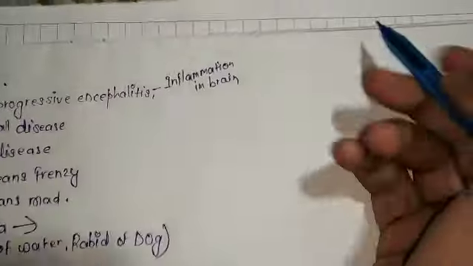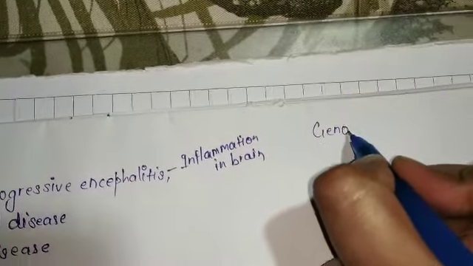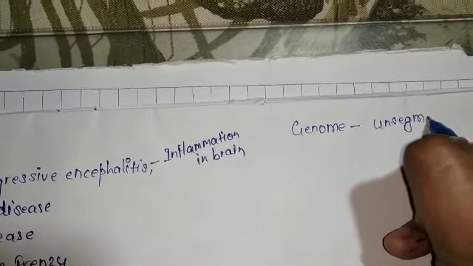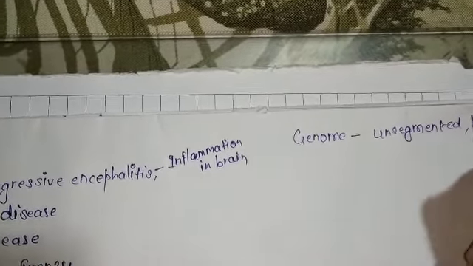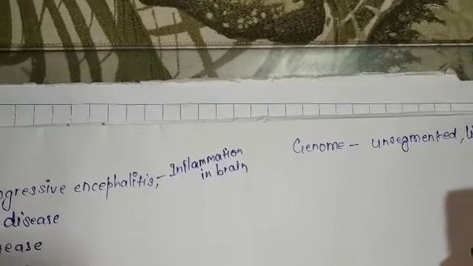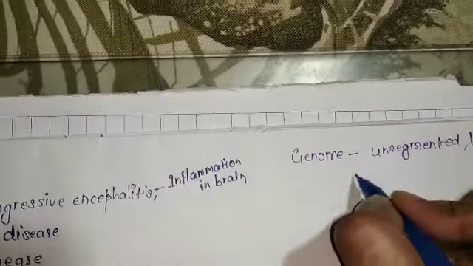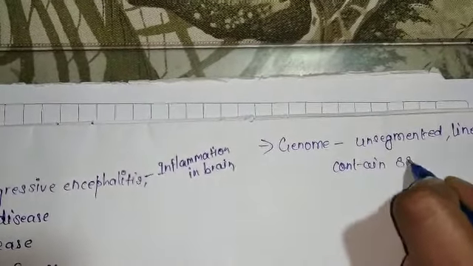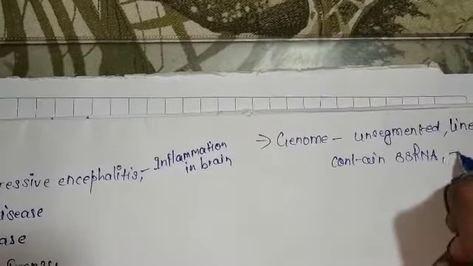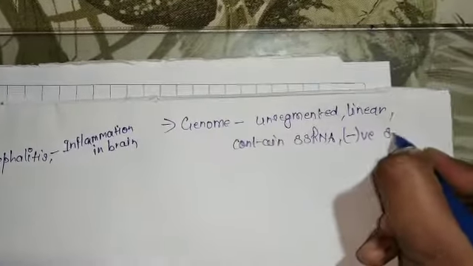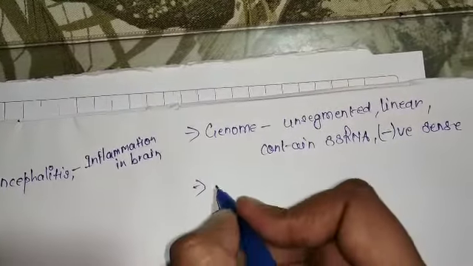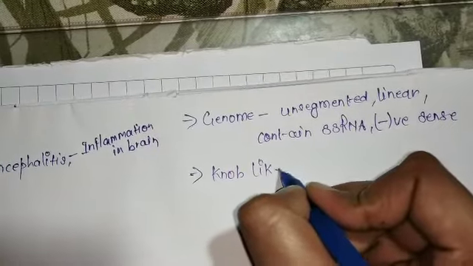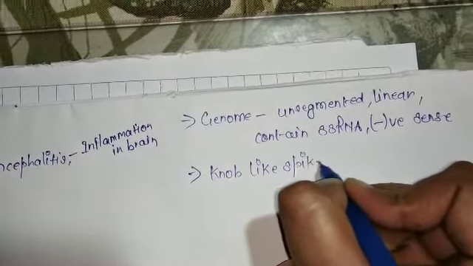When we see the genome of this virus, the genome is unsegmented, linear and contains single-stranded RNA with negative sense. These viruses also have knob-like spikes on the body surface.